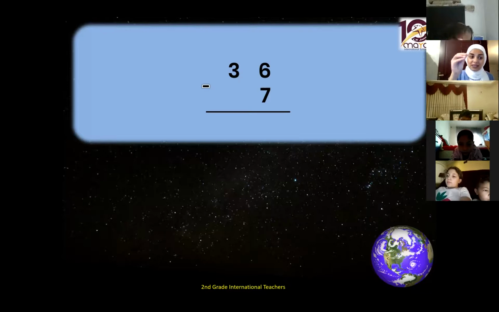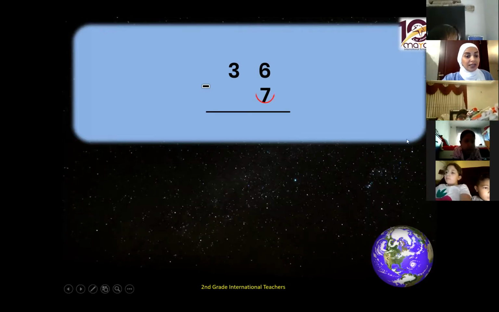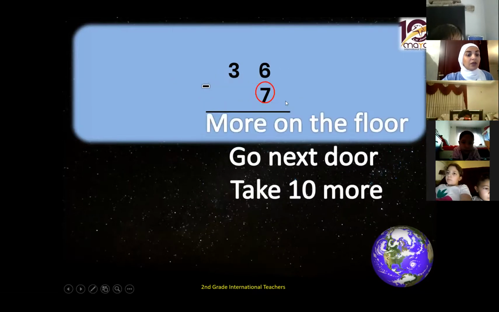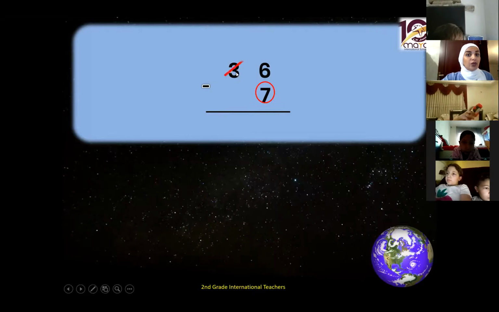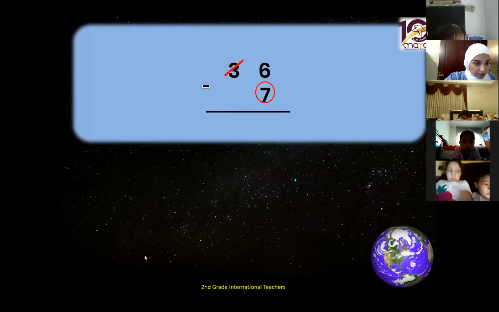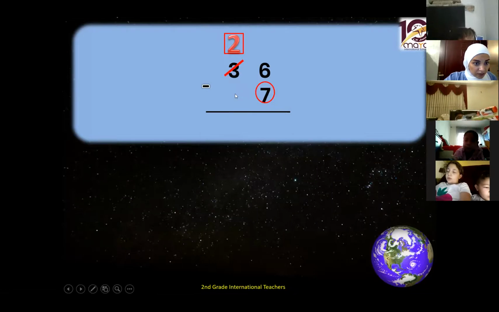Why 16, not 7? Because we are going to take a whole 10 from 3 that is next door, okay? So 3 will become what? 2. Okay, and 6 becomes 16.